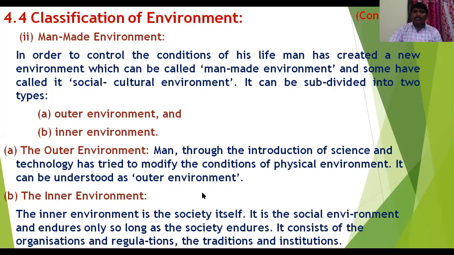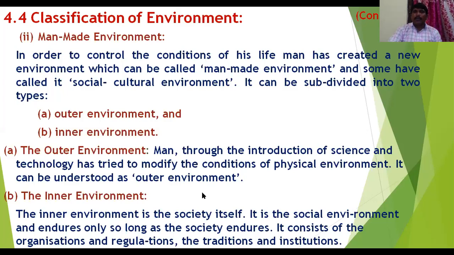It includes our houses and cities, our means of transport, communication, our comforts and conveniences. It also includes the vast systems of industry and machinery created by man. It covers in brief the whole apparatus of our civilization. Some anthropologists have called this part of socio-cultural environment the material culture.